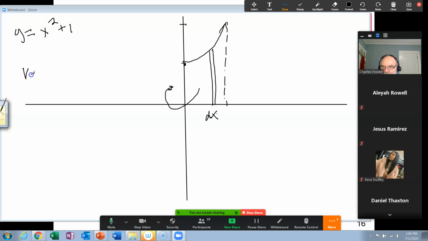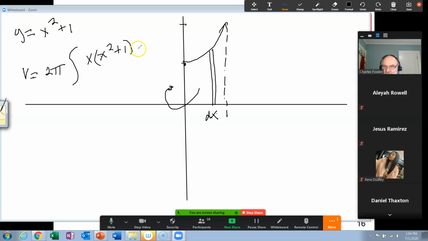The volume that you have is going to be, since it's a shell, it's going to start with 2 pi times the radius. What's the radius? The radius is your x value from 0 to x. So that's the integral of x, that's the radius, 2 pi x would then be your circumference, times the height. Well, the height here is just exactly your function, x squared plus 1.